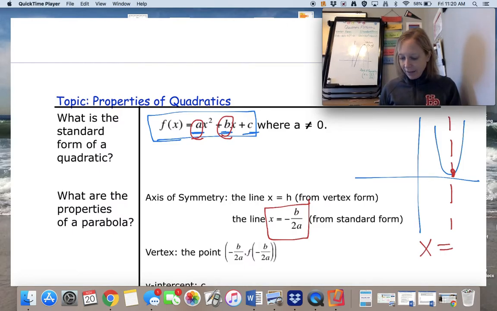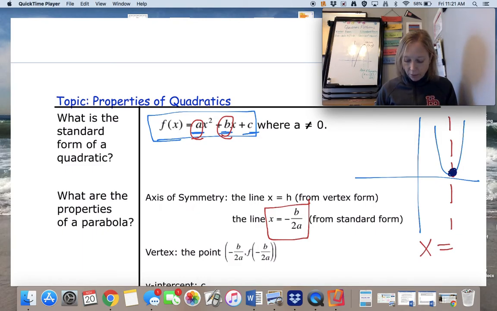Okay, the next thing that we will be identifying is the vertex. We talked about the vertex a little bit last week when we used vertex form, and we identified the shifts up and down to find where the vertex is. So you'll notice the vertex is on the axis of symmetry.